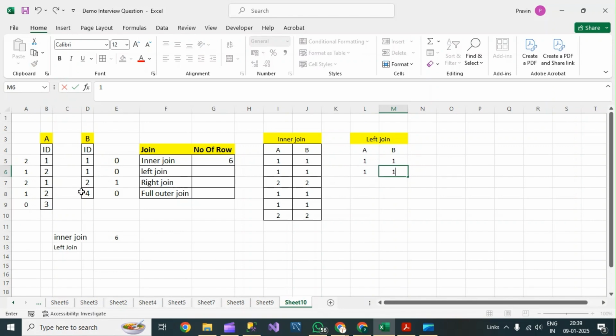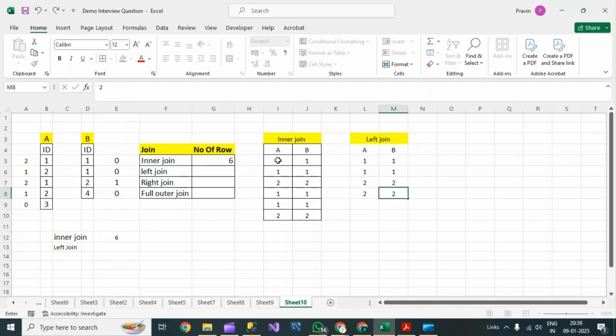Then the next one does not match anywhere, so we will not take it. Then this two matches with this two, so we take 2 and 2. Then again this two matches with this two, so we take 2 into 2.